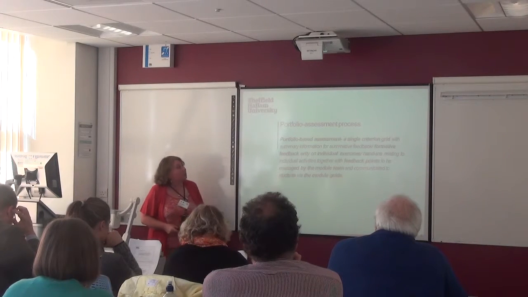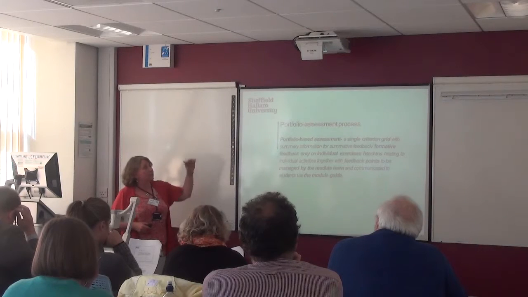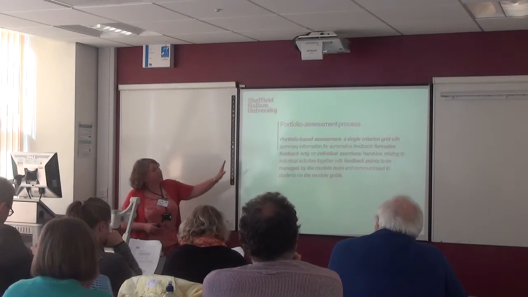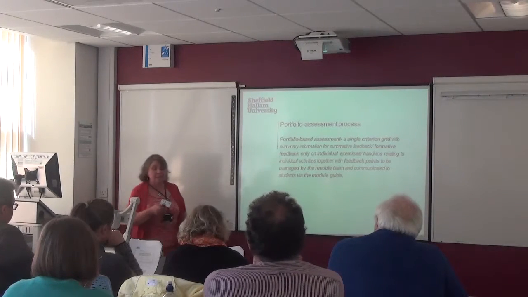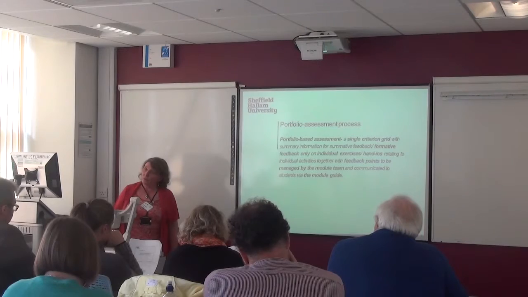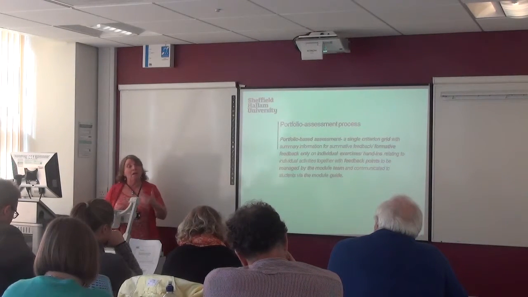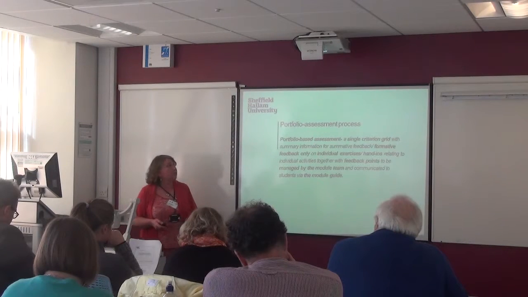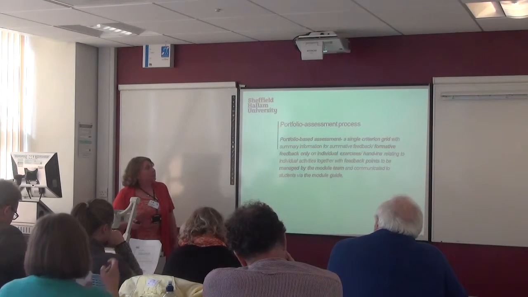So you've got a single criterion grid, so everything is marked within one criterion grid, but the portfolio has got a number of assessment tasks, and these can be individual or group, and you can determine what these are in advance, obviously. And I've got some worked examples here.